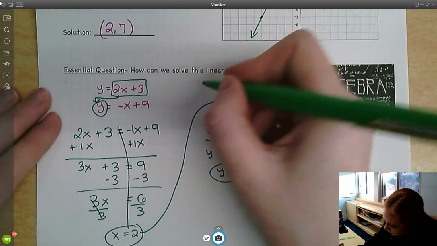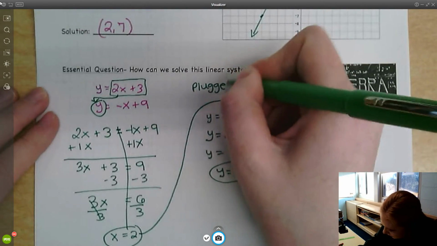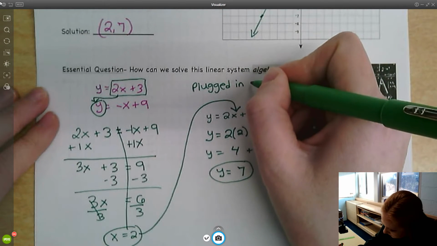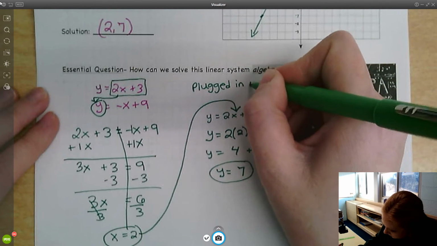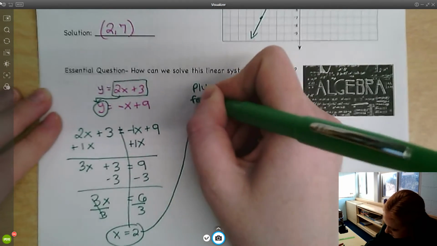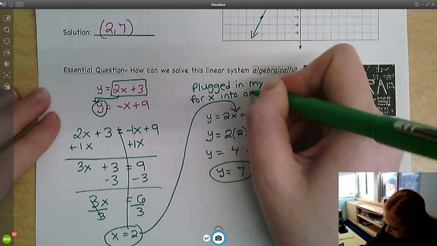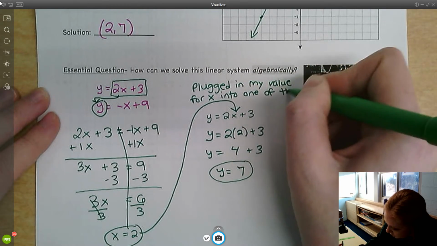So what I did was I plugged in my value for x into one of the original equations.